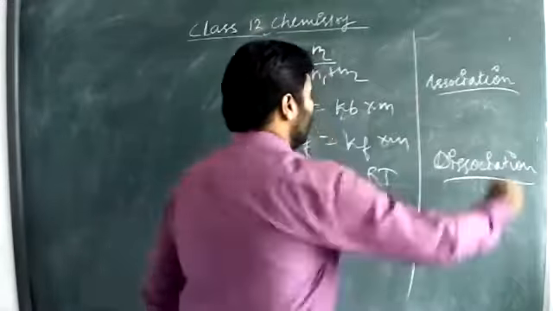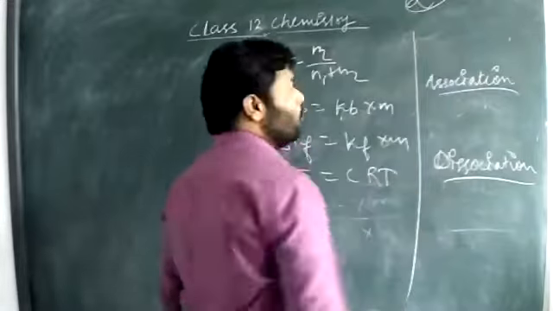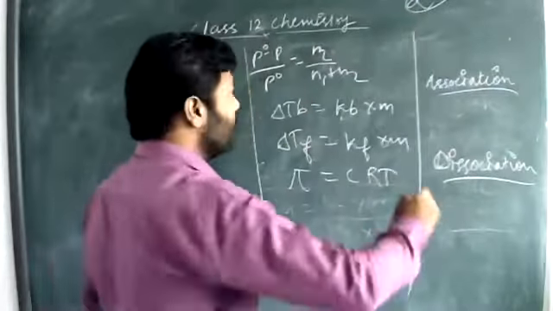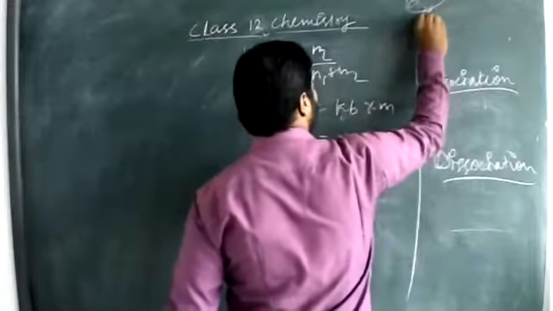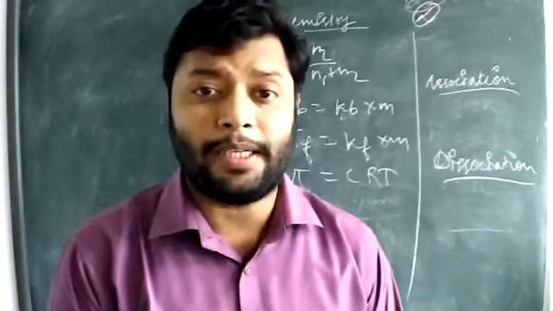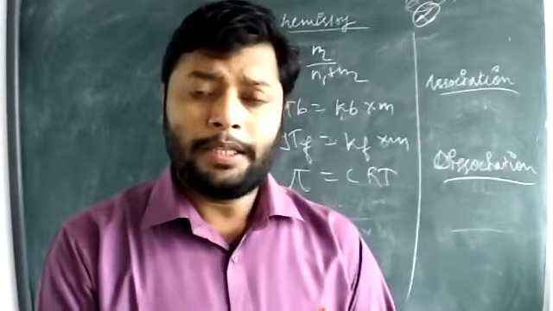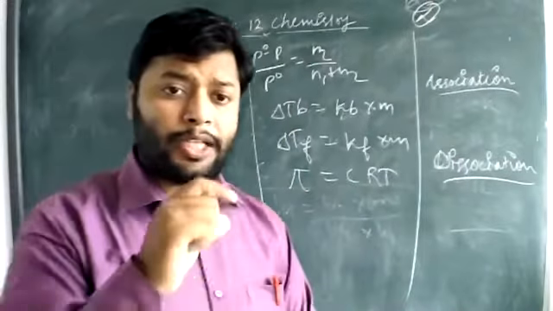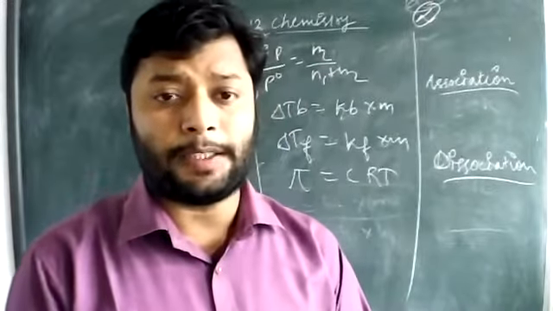And for that we have to make sense of alpha, the degree of dissociation actually, or degree of association. That indicates to what extent the solute is going for dissociation.